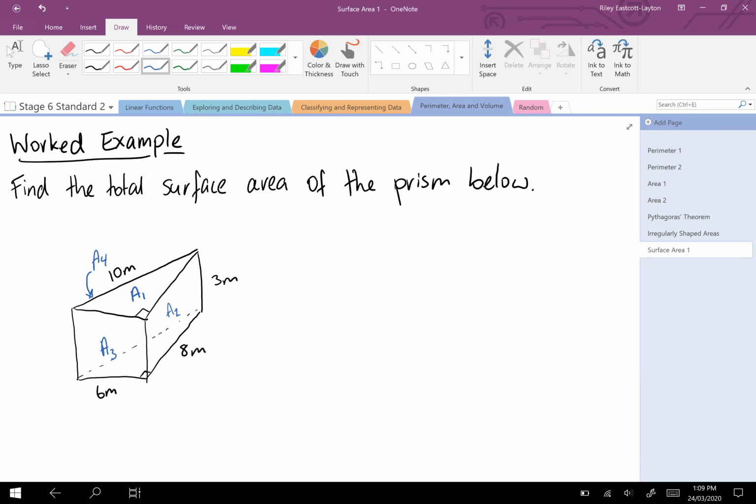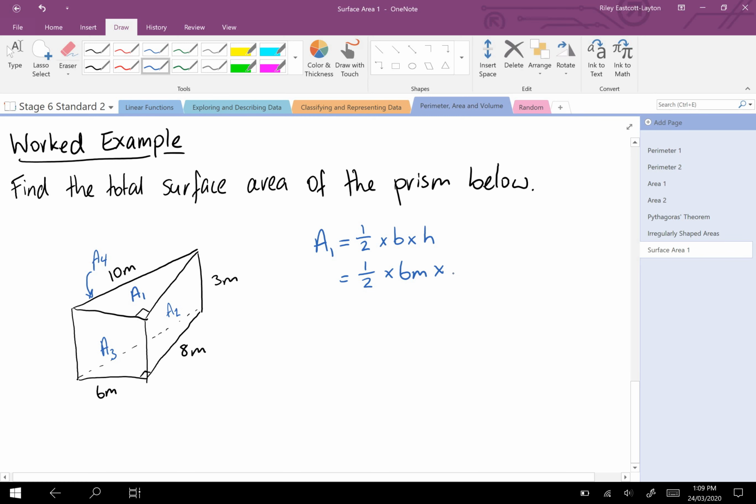So let's think about what each of these shapes might look like. A1, what shape is it? We know it's a triangle. So the area of a triangle is a half times the base times the height, which is going to be a half times 6 meters, which comes from here, times the height is 3 meters.